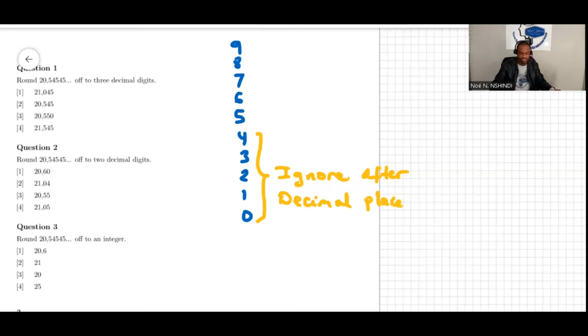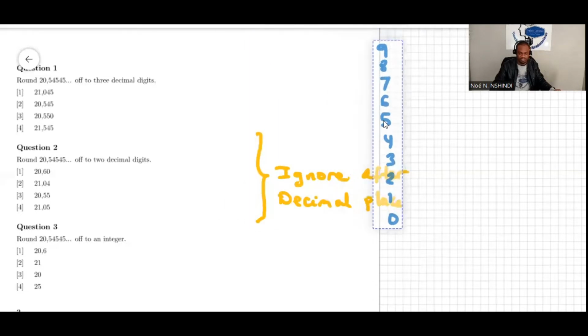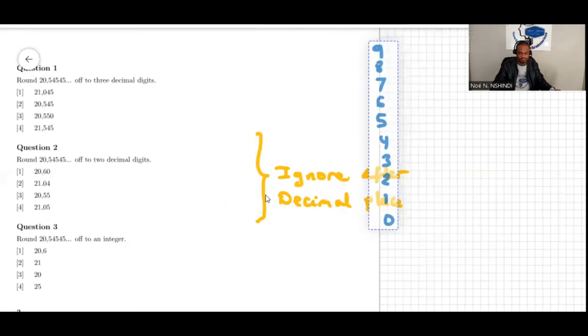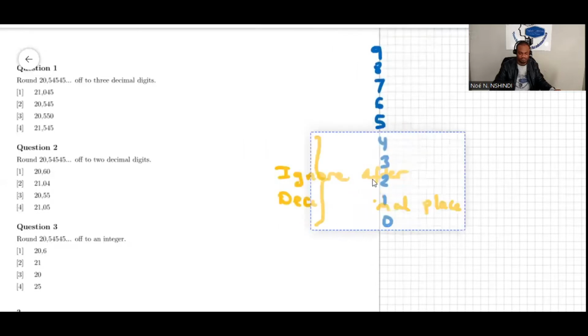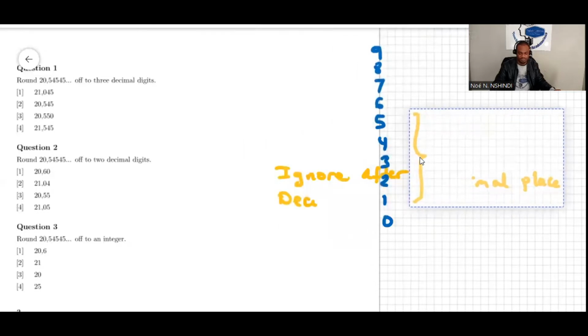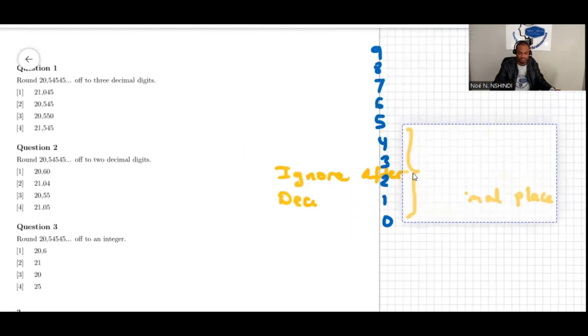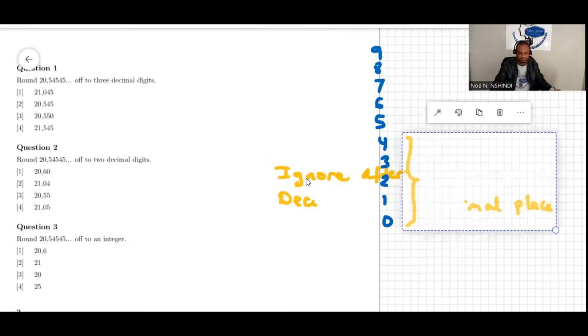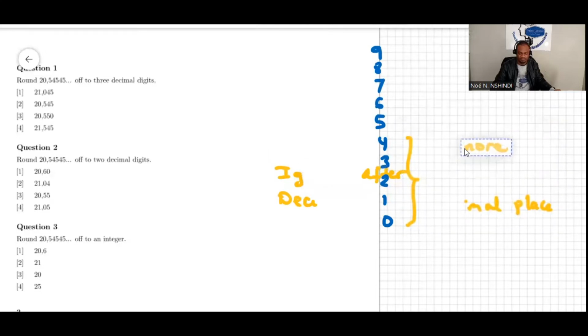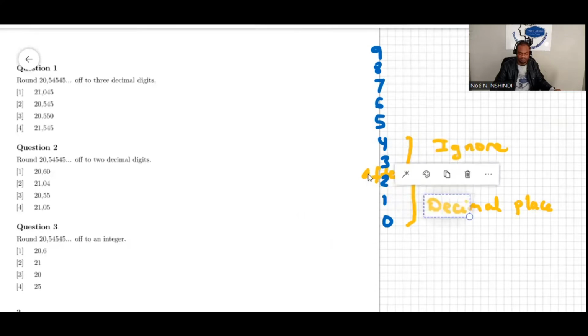I think I can just write all of these somewhere here. I meant to write it like this because of space. Over here, we will ignore after the decimal place.